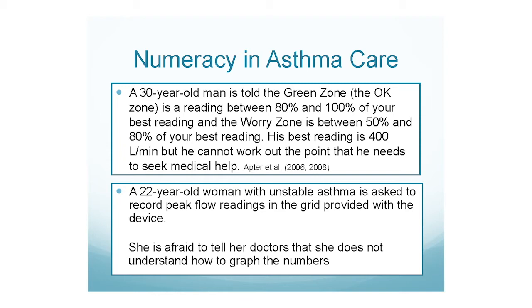And the bottom example is she's too afraid to let her doctor know that she's having a really hard time plotting those numbers on a graph. Again, and we'll talk about the curse of knowledge, we sometimes forget that things that we use every day that are really easy for us are not really easy or common for everyone.